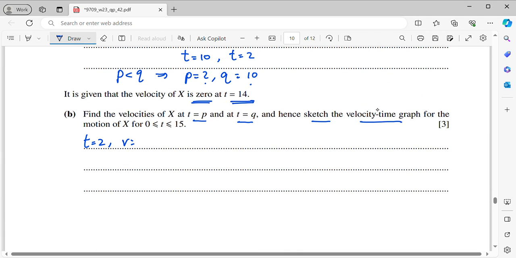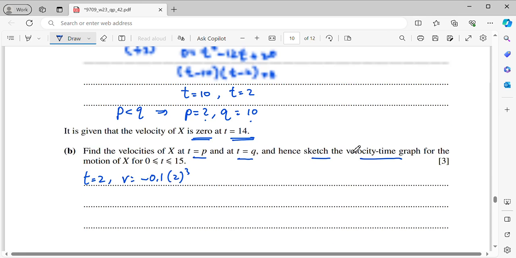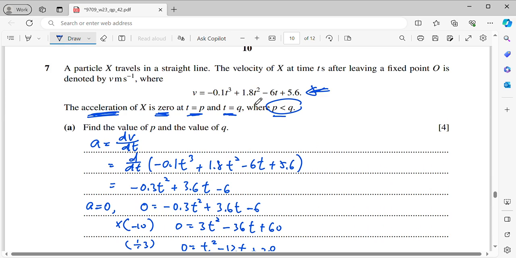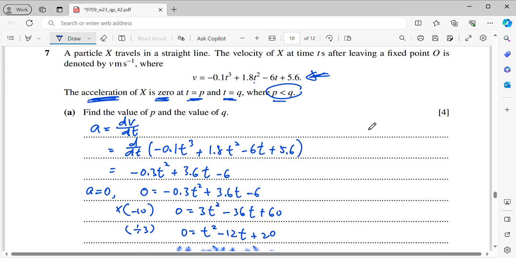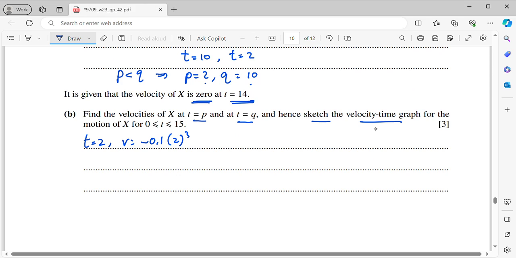So minus 0.1 t cubed plus 1.8 t squared minus 6t plus 5.6. This is 0. So when t equals to 10, that is at the q.